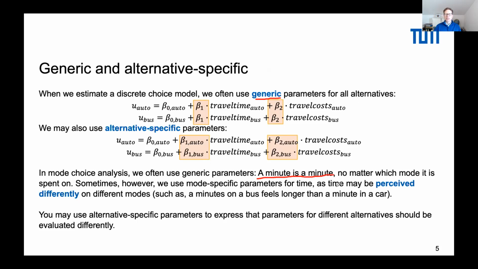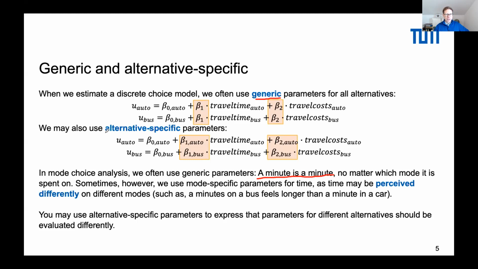So it doesn't matter if I spend this minute on a bus or in a car, it's always a minute. So the beta value should be the same because it's just representing a minute of my time, which is a disutility. That's why this beta 1 parameter always needs to be negative. The more travel time I spend on a mode, the less attractive it becomes. And so the argument could be a minute is a minute, so this should be the same.